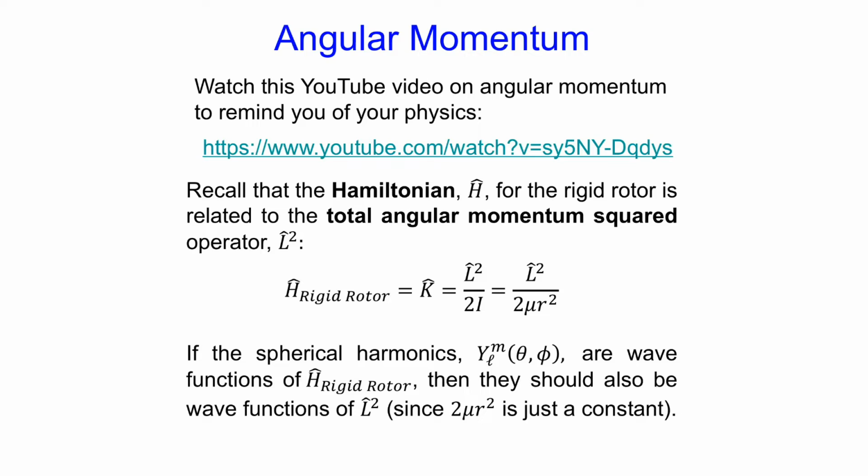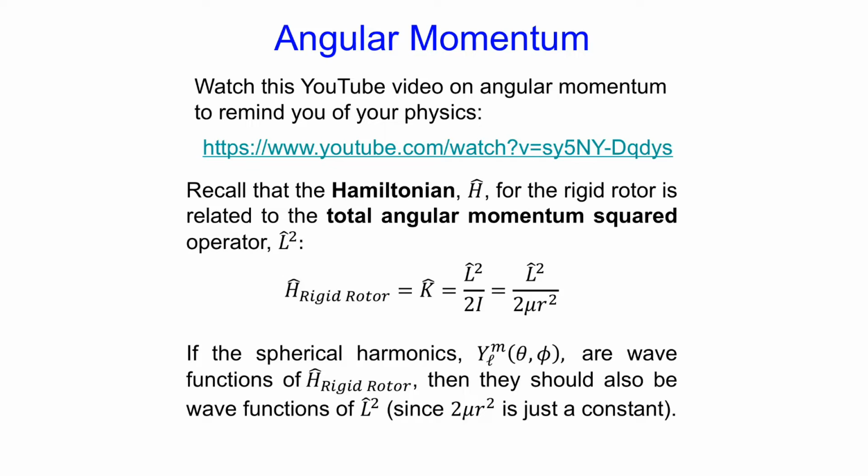If we think back to our rigid rotor Hamiltonian, it was composed of just a kinetic energy term. We assumed there was no potential energy in our model. That kinetic energy term could be modeled by our total angular momentum squared over 2 times the moment of inertia, or 2 mu r squared.